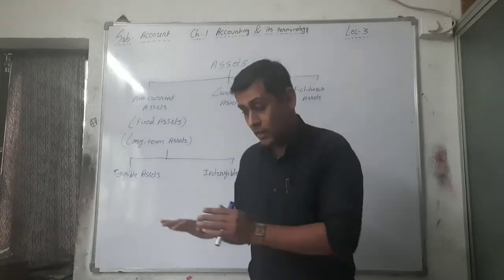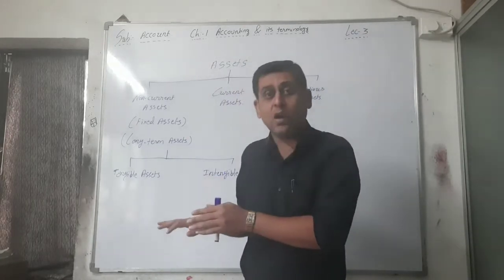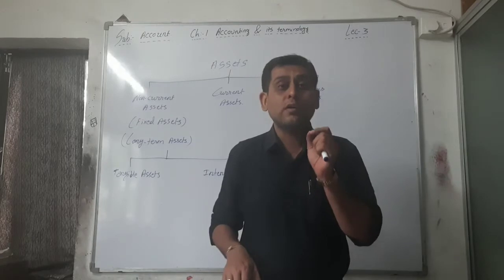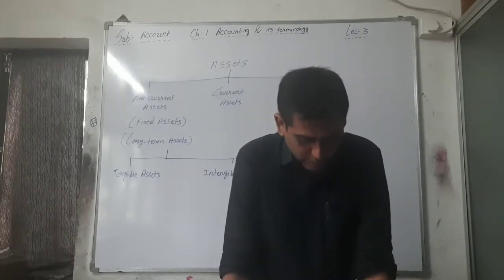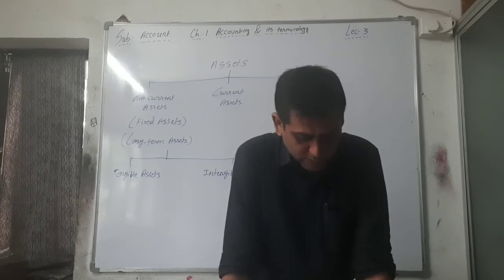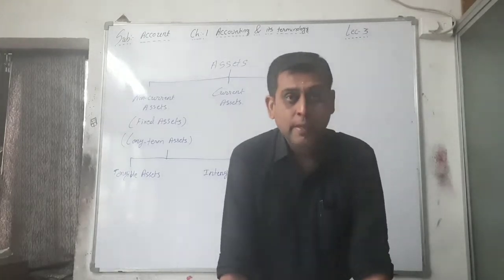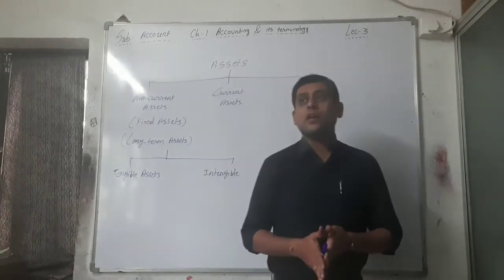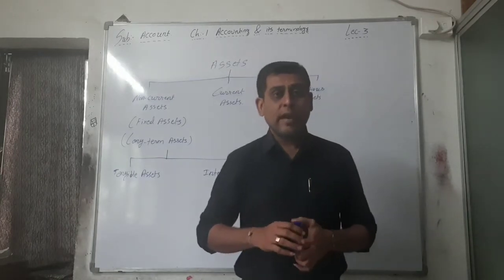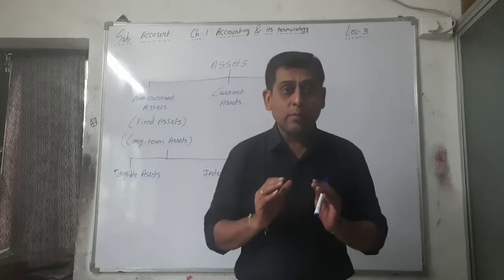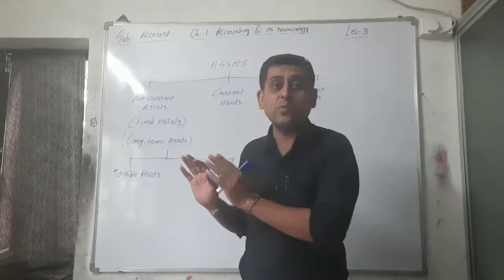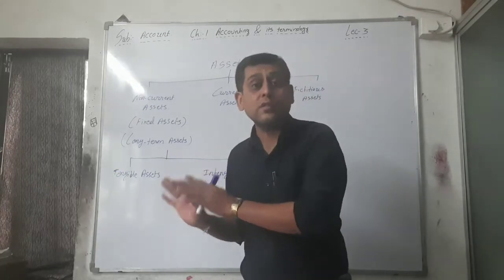Whatever goods are in your shop right now, that is your current asset. For example, grains are the goods for a business dealing in grains. If I am a seller of furniture and I have 5 chairs, then they are my goods, my stock, and my current asset.